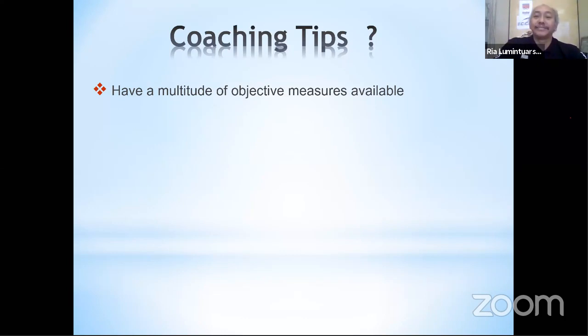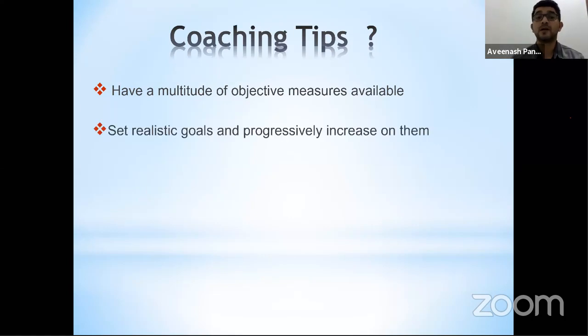In terms of my coaching tips to coaches, please have a multitude of objective measures available to you. Make sure that you set realistic goals and progressively increase them. Often we see that due to a lack of monitoring and evaluation, we cannot progress on our goals. That's why athletes stay stagnant.